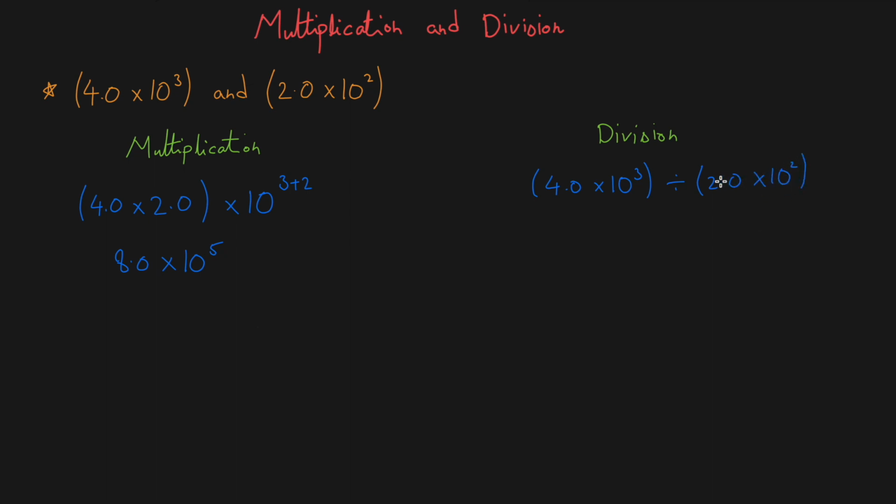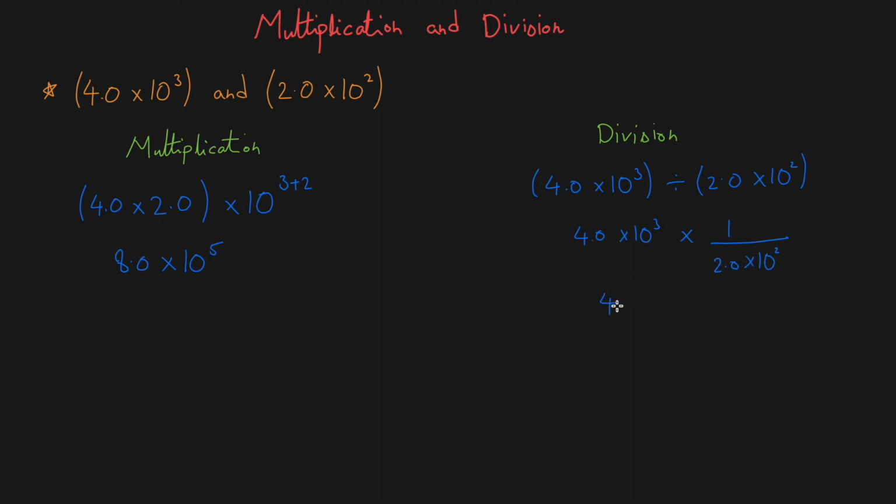I'm going to make some long steps, just to make some points clear for you. So here we have 4.0 times 10 to the power 3. You know that if we replace the divide with multiply, it becomes 1 by 2.0 times 10 to the power 2.